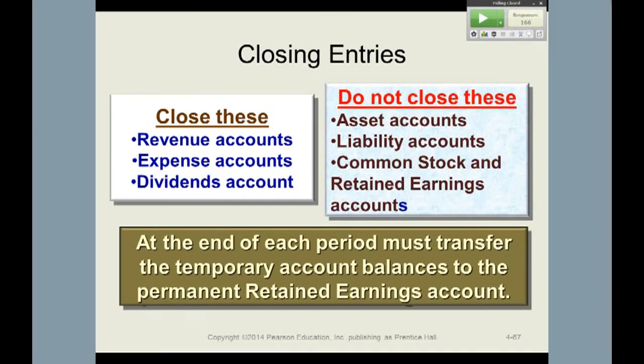Then you would close out expenses. And again, we'll go back to that travel agency example in just a second. How would you close out expenses? All expenses have a normal balance of a debit. In order to make those zero, you have to what? Credit them. So in entry B, I'm going to close this account, and I will debit income summary for the closing.